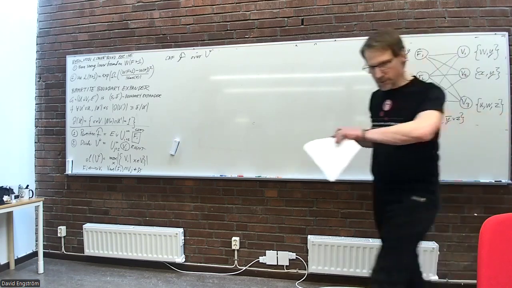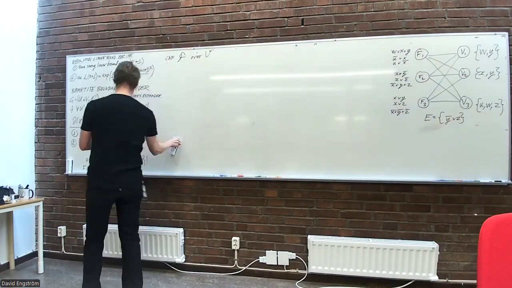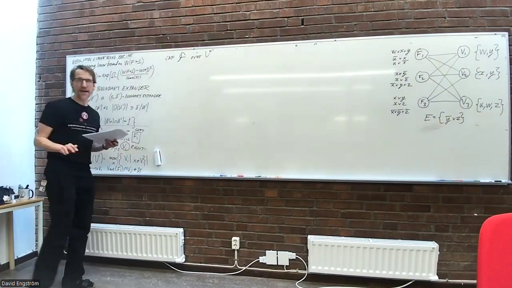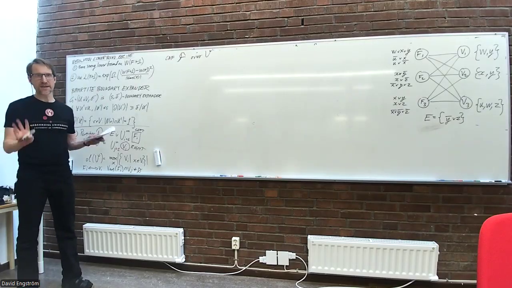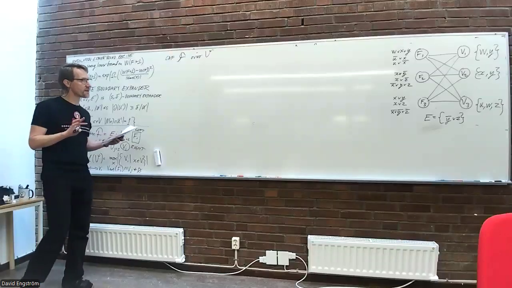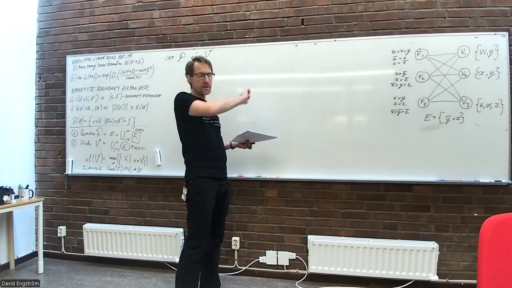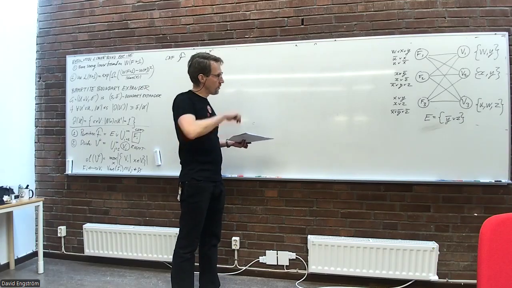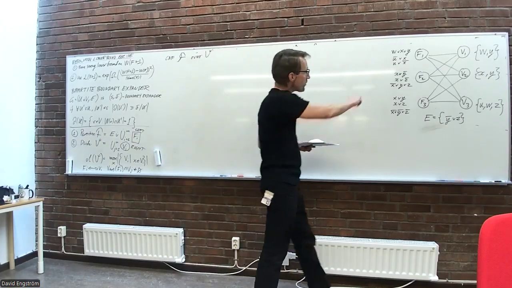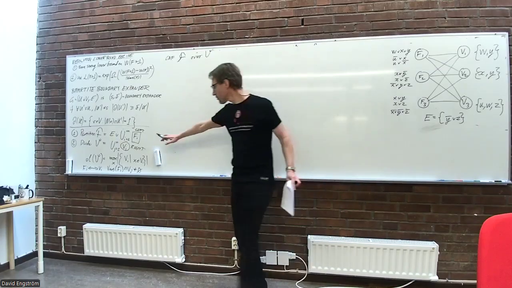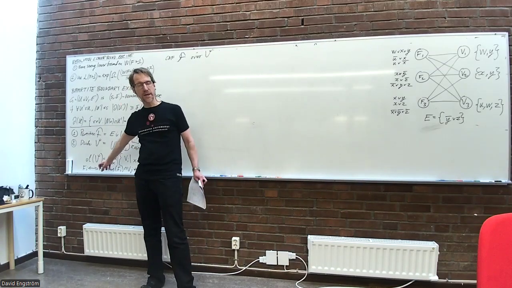Okay? And now we're going to play a game. Basically, getting a little bit ahead of ourselves, I want to argue that I will be able to get a resolution lower bound if I can build a graph like this. Once I've done my partition, it's clear what the edges are.